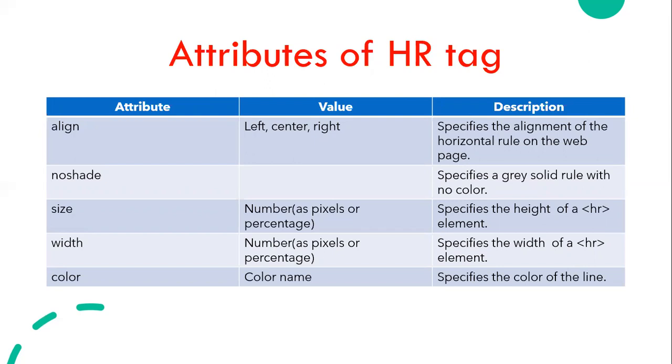That means we can increase the height of an element. We can give that size in terms of percentage or pixels. Like that, width means we can increase the width of the element. Next one is color. We can also specify the color of that line.